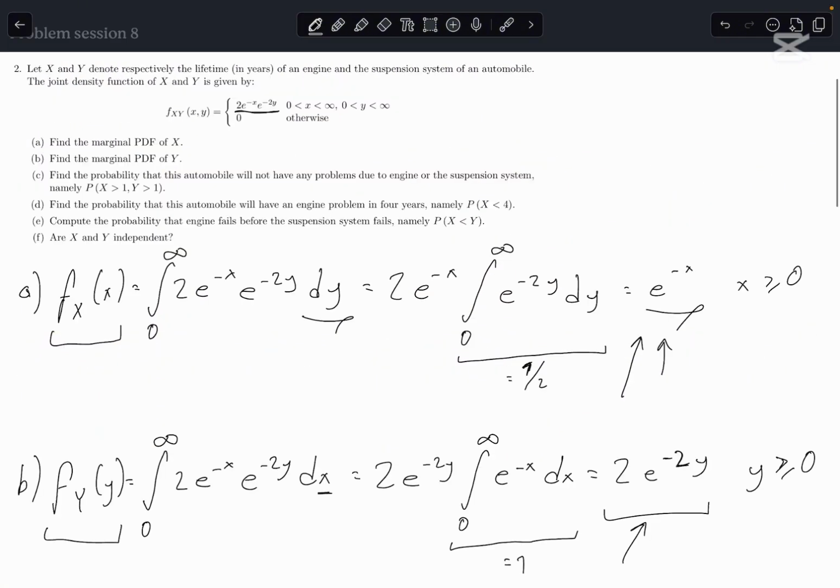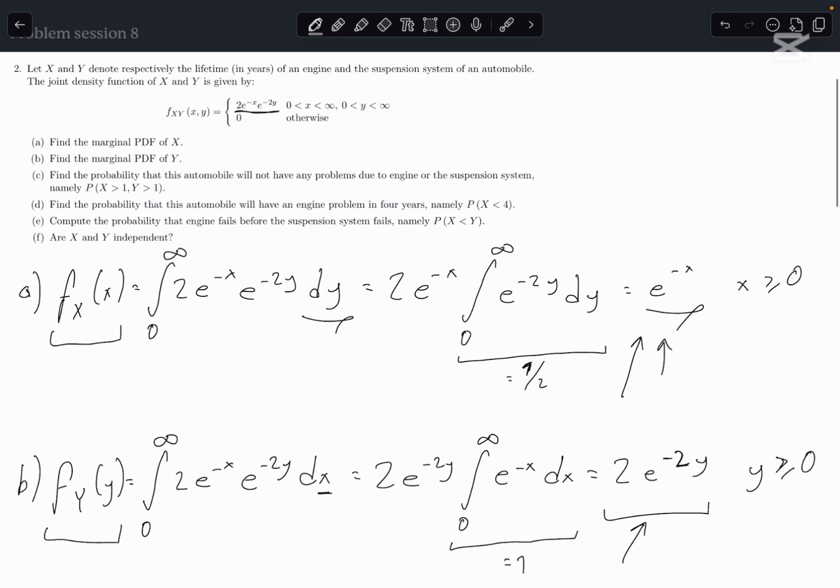Part C. Find the probability that this automobile will not have any problems due to the engine or the suspension system, namely the probability of x greater than 1 and y greater than 1. So we need the probability that both the engine and the suspension last more than 1 year. To get that, we integrate the joint density over every pair of x and y where both x is greater than 1 and y is greater than 1.